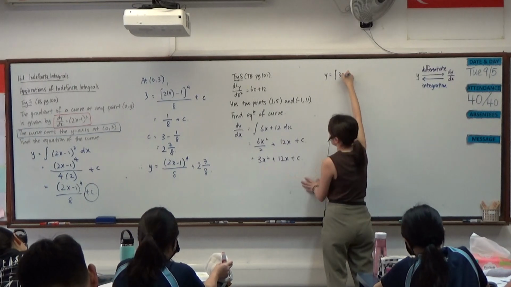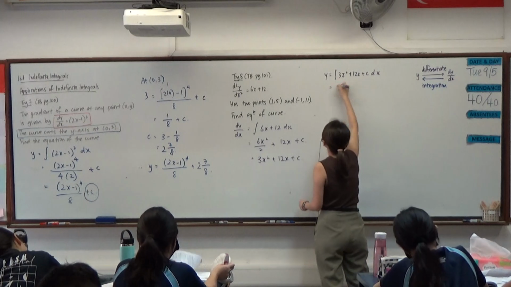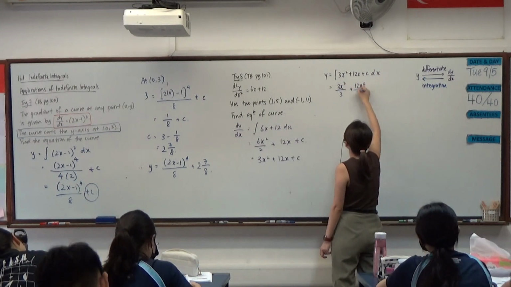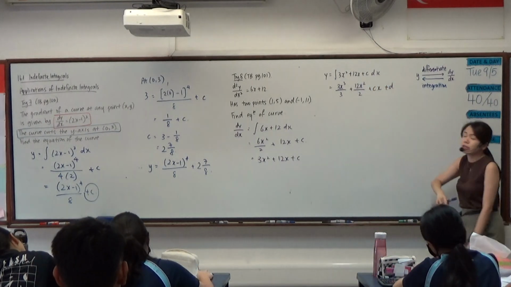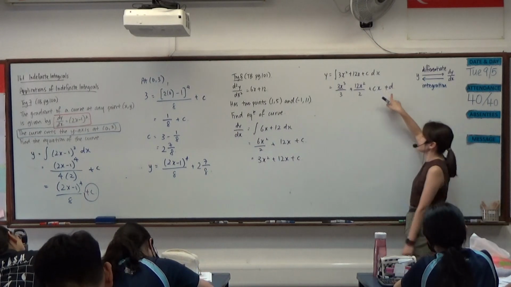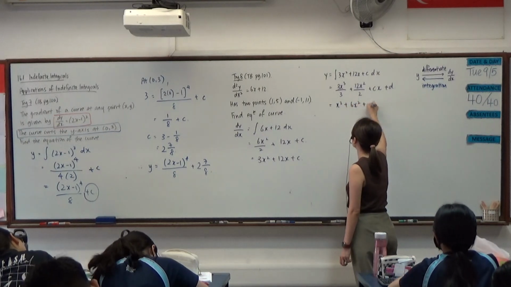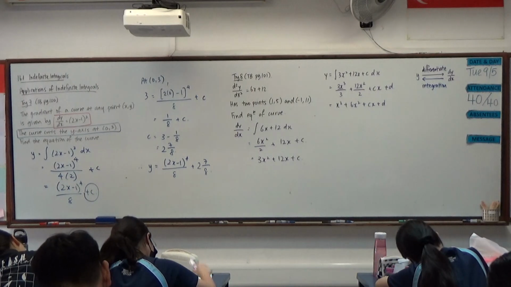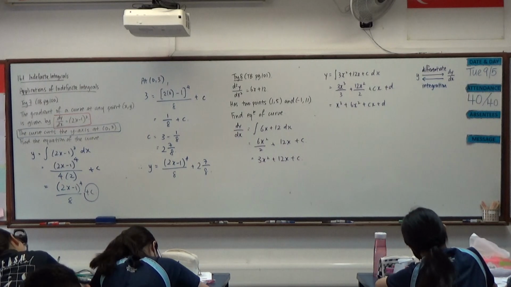So we will integrate 3x squared plus 12x plus c. Integrating c will give us cx, and not forgetting that when we integrate, we will get d. So our y will be x cubed plus 6x squared plus cx plus d.